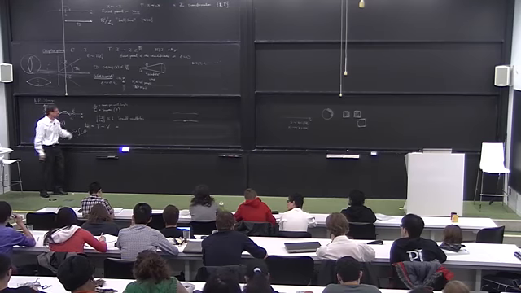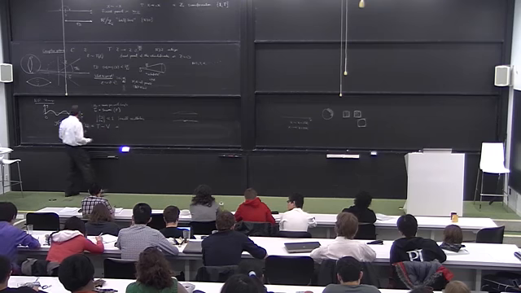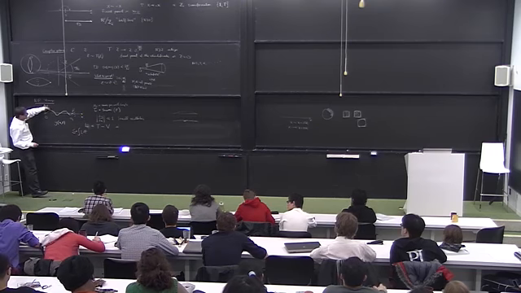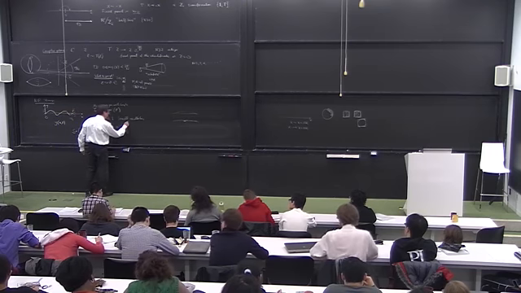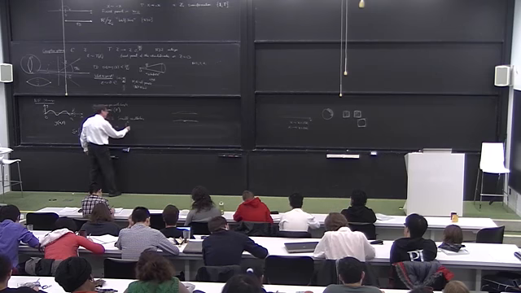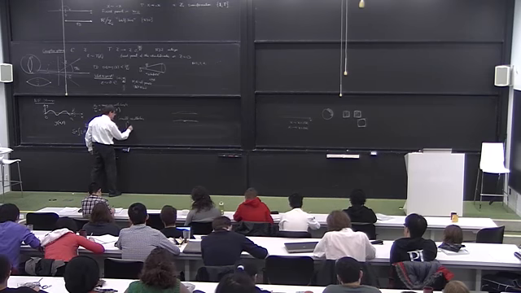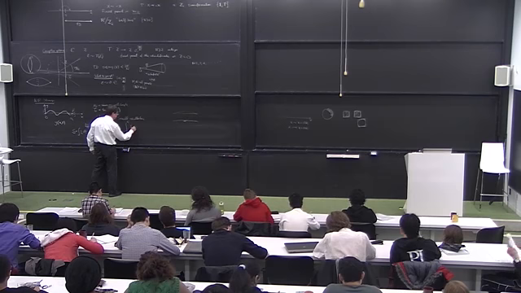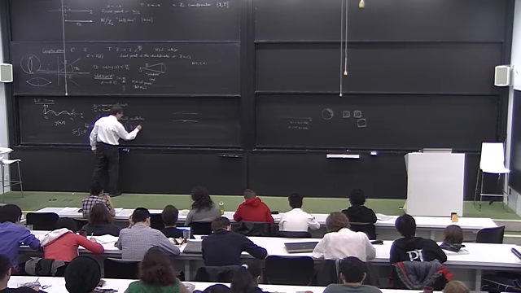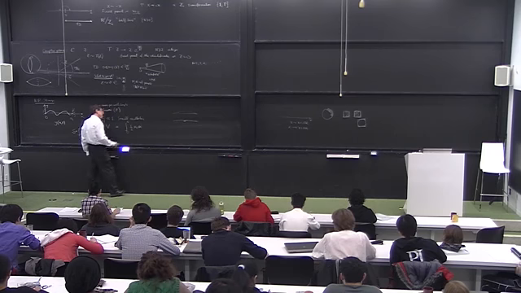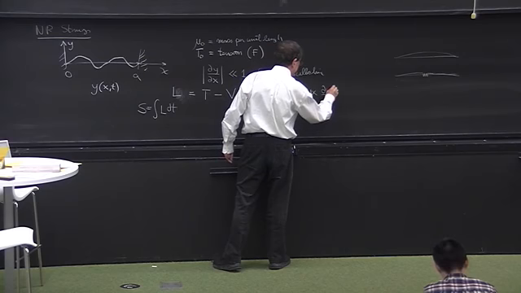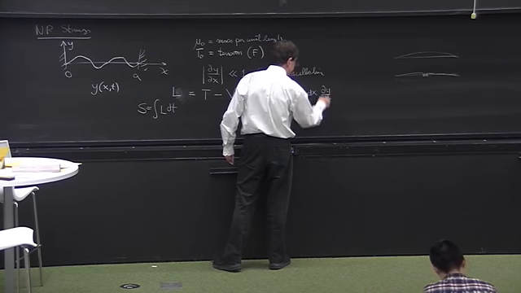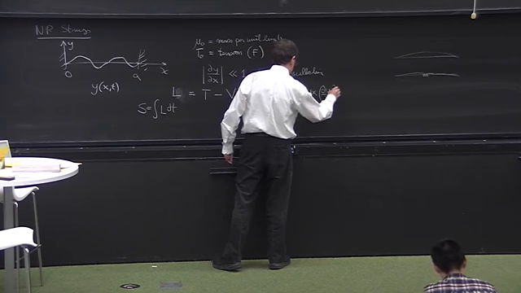Now, what is the kinetic energy? The kinetic energy is the kinetic energy of each little piece of string. So what I can do is integrate from 0 to a the kinetic energy, which is 1/2 of the mass, which is mu0 dx, times the velocity squared, which is (dy/dt) at fixed x, squared.